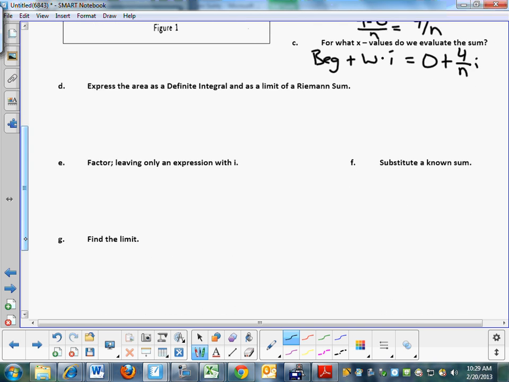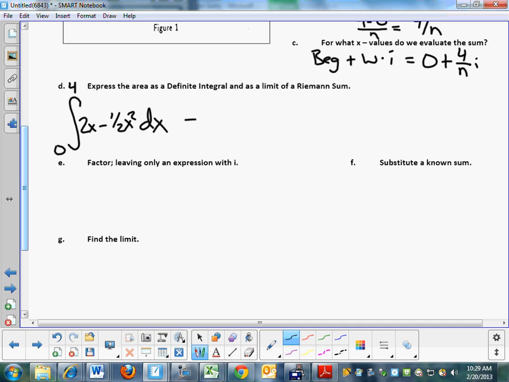Okay. Express area as a definite integral. Here we go. Definite integral is this guy. What's my lower boundary? 0, 2, 4. Function. dx. What does the dx represent?